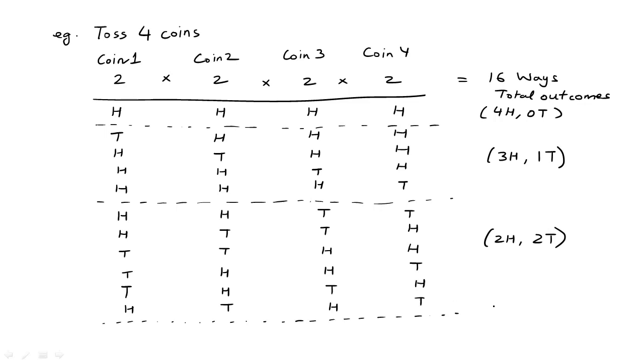And there will be two more distributions which I will just write down and not list because I'm sure you will be able to do that easily. And those two distributions would be one head, three tails, which would have four outcomes, and zero heads and four tails where there is one outcome.